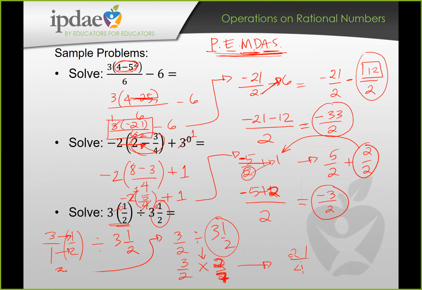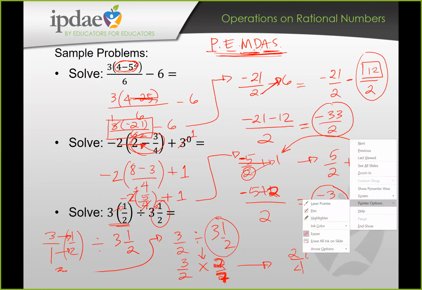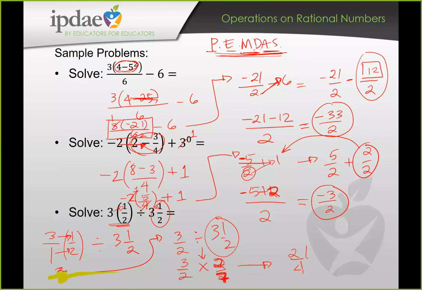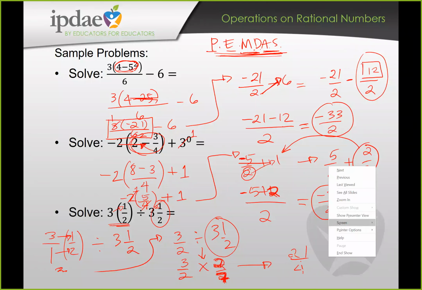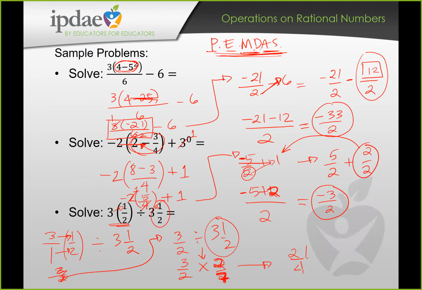Something's going on with my... Oh, it went into highlighter mode. So we're just going to go ahead and do 6 over 14. And then that further simplifies to 3 over 7.